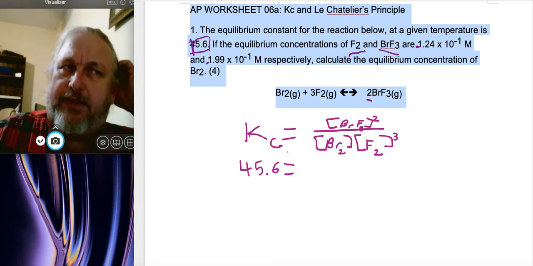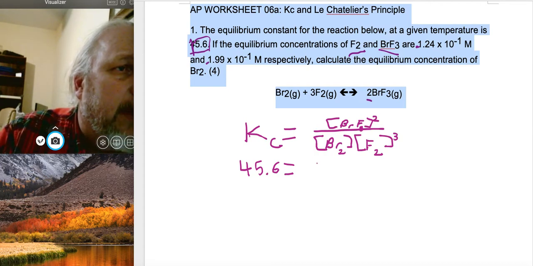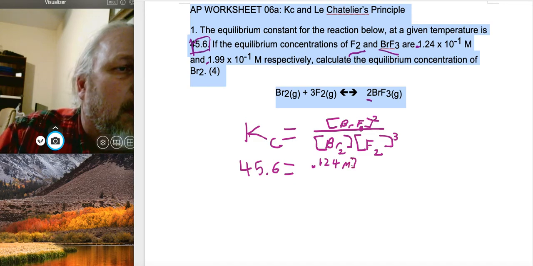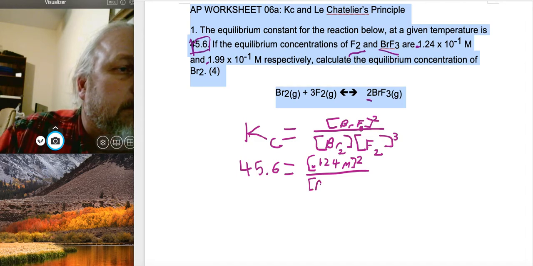The concentration of the BrF3 is, squared, and then Br2, which we don't know, bromine, times the concentration of the fluorine gas.